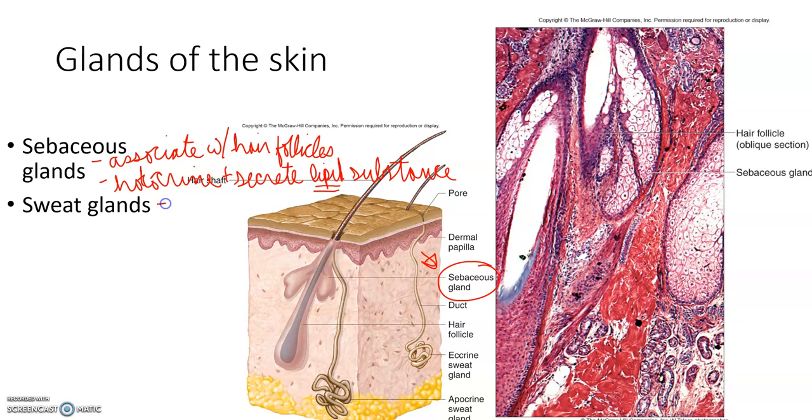So maybe we should put that there. May open directly to skin surface, and the function here is the same. To produce a softening, sort of conditioning effect, and to aid in waterproofing.